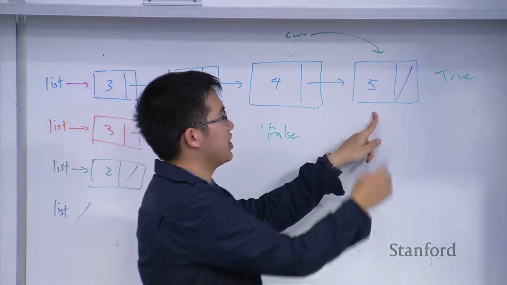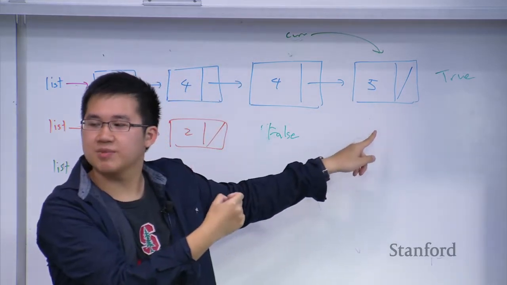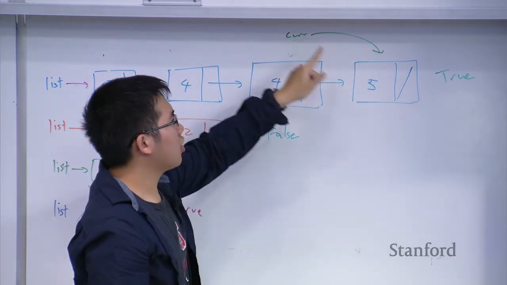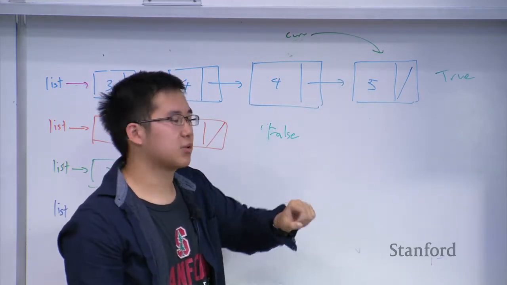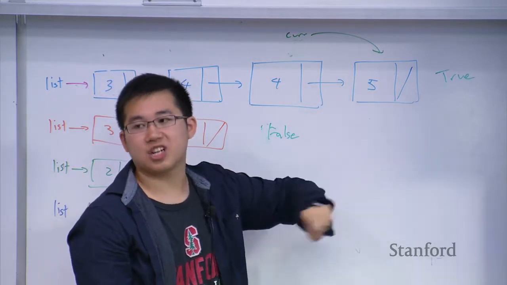Because if you do that comparison, cur next doesn't exist. If you try to do that, it's going to crash. So rather than try to compare cur and cur next, once cur reaches the last element, so that's when cur next is null pointer, then we should stop.